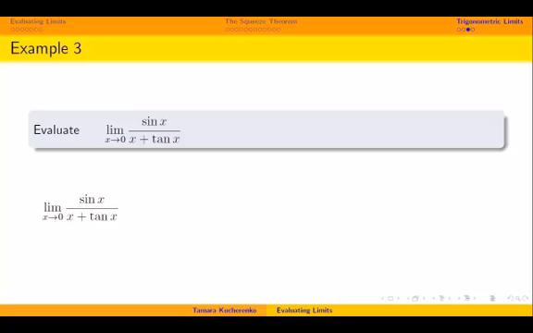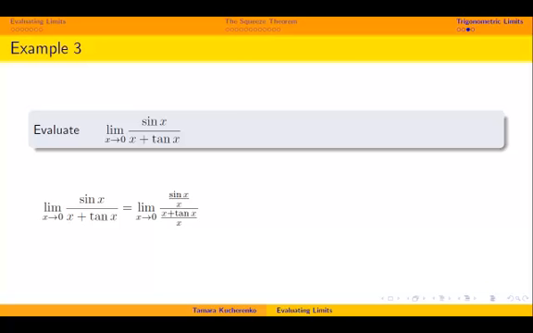Again, we will use the fact that sine x over x approaches 1 as x tends to 0. To obtain expressions of the form sine x over x, we divide the numerator and denominator by x and get sine x over x divided by x plus tangent x over x.